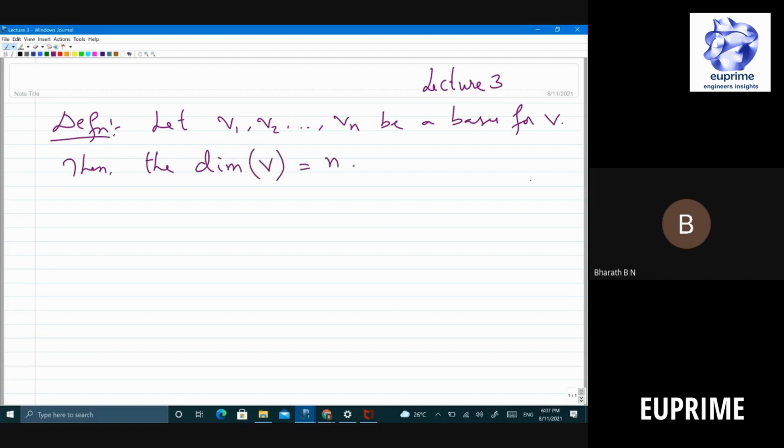This is the definition. Now I need to prove that this number n is unique. I cannot have two sets of vectors, one with n vectors and the other with m vectors, such that both form a basis. It's not possible. Towards that we need what is known as the replacement lemma.